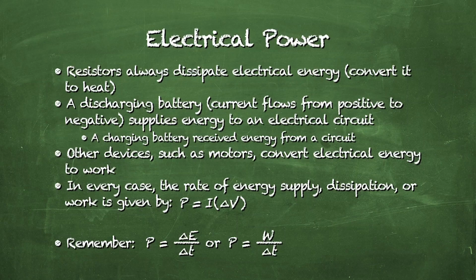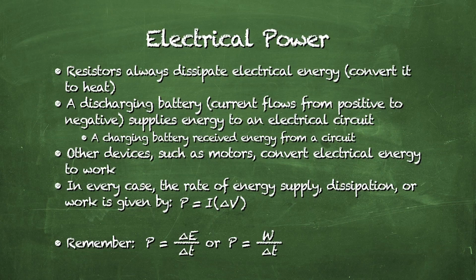Now remember from General Physics 1 that power is change in energy over change in time, or power is work done over change in time, or the rate at which work is done or the rate at which energy is converted. So often your questions might ask about work done or energy lost. Remember that when we're talking about a rate of work or a rate of energy exchange, then we're talking about power.